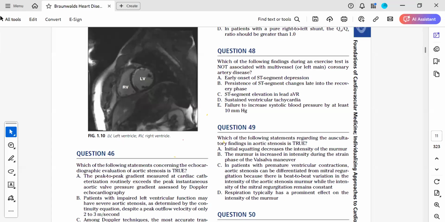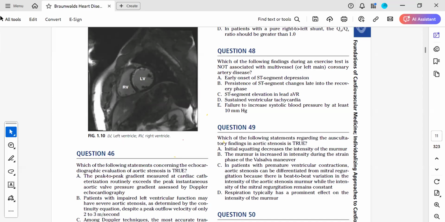So let's look at which ones are associated, so that would then rule out the wrong answer. We also have to note that they want multivessel or left main coronary artery disease.